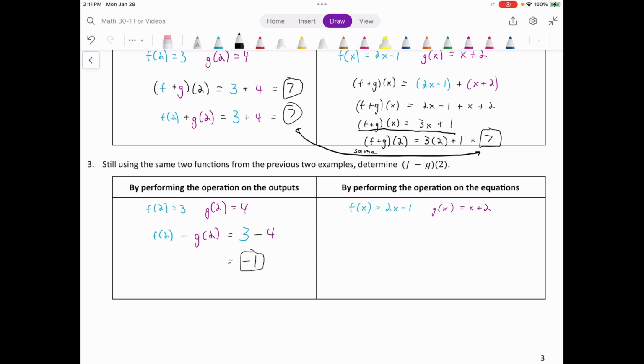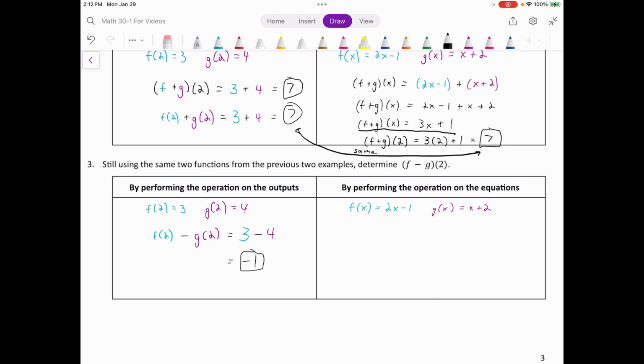Right? It's pretty straightforward. That's really what we're doing, right? Take f of 2, subtract g of 2. And then we can do the same thing, but more generally with just f of x or g of x, right?